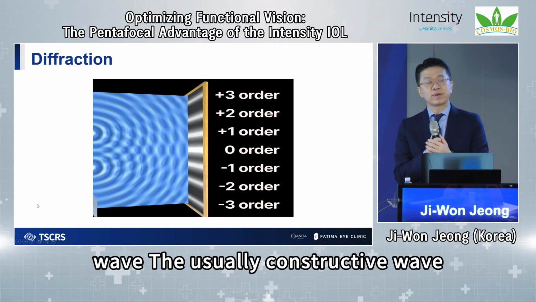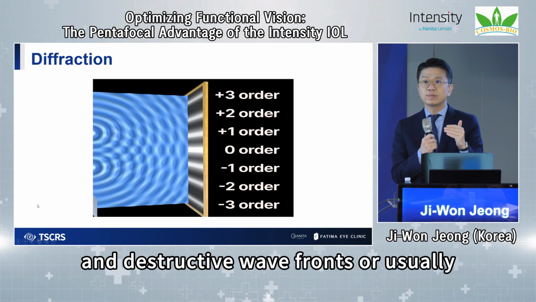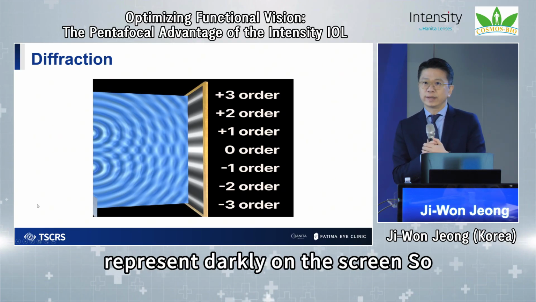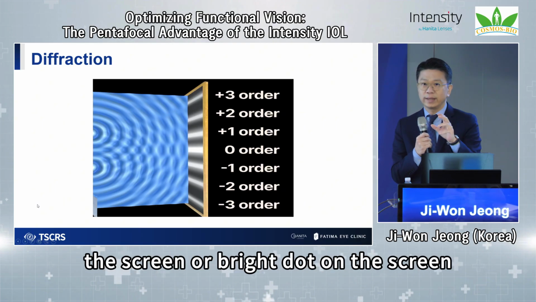Usually constructive wavefronts appear bright on the screen, and destructive wavefronts usually appear dark on the screen. So finally, you can see a bright line or a bright dot on the screen.